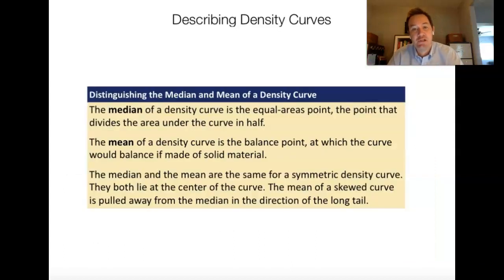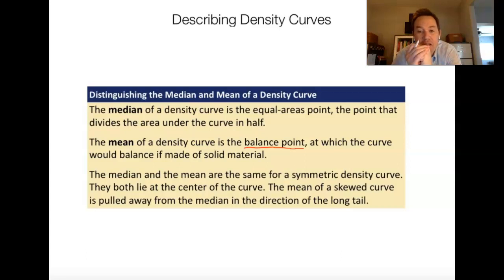All right, some distinguishing features of the density curve. The median is the equal areas point. So that's the point that divides the area exactly in half. And the mean is the balance point. So that's the point at which, if you were to cut the density curve out of solid material, you would be able to balance it on the mean.